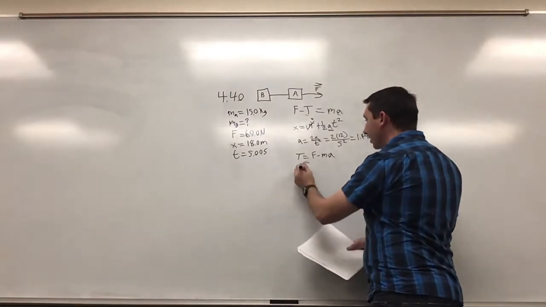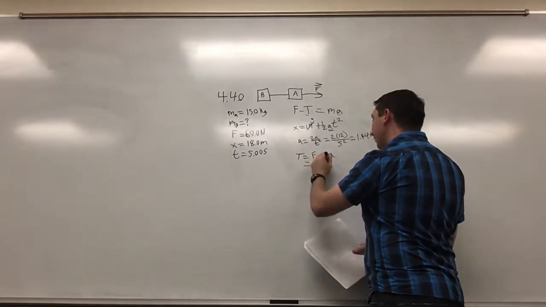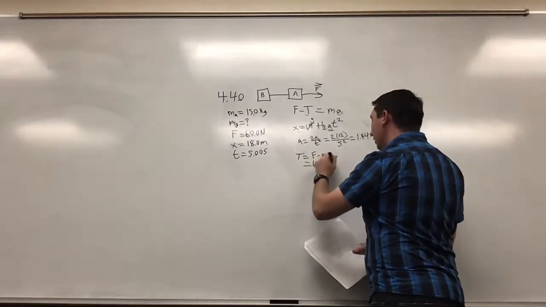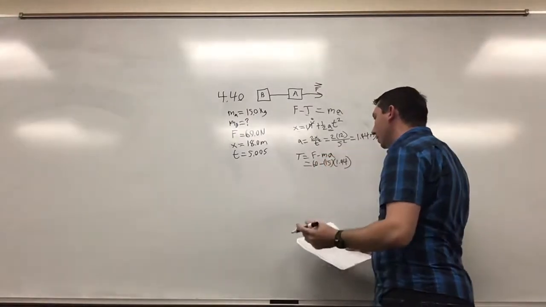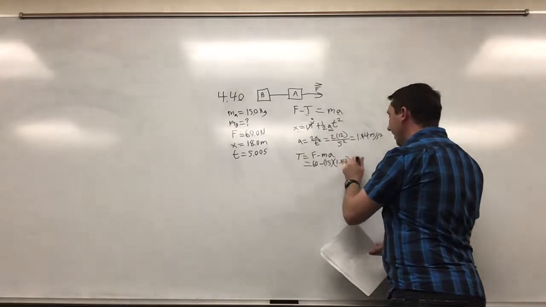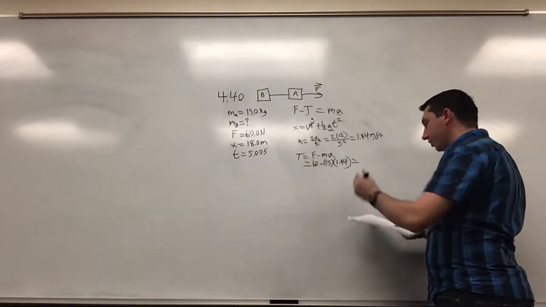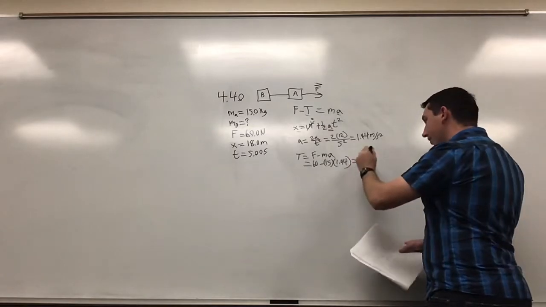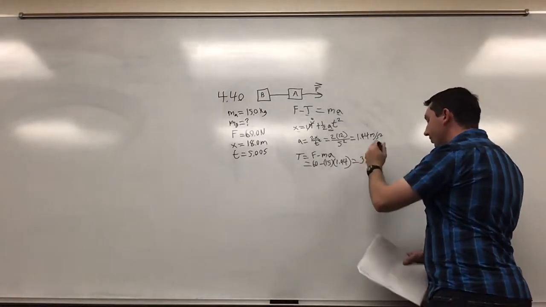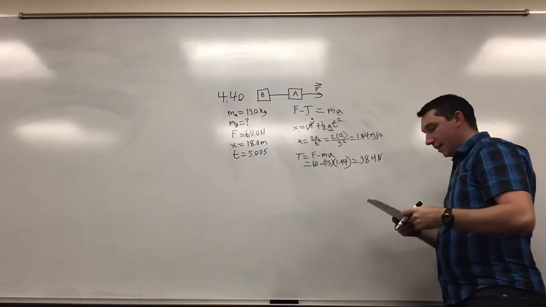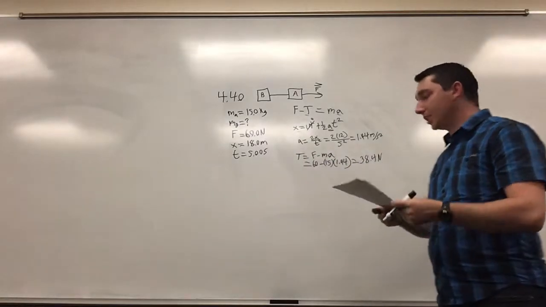And so then when we plug everything in, that's 60 minus 15 times 1.44, and that is equal to a tension force of 38.4 newtons. But what the question is asking for is the mass of block B.